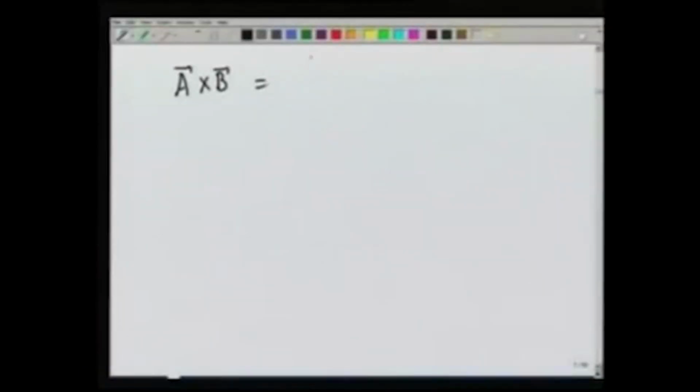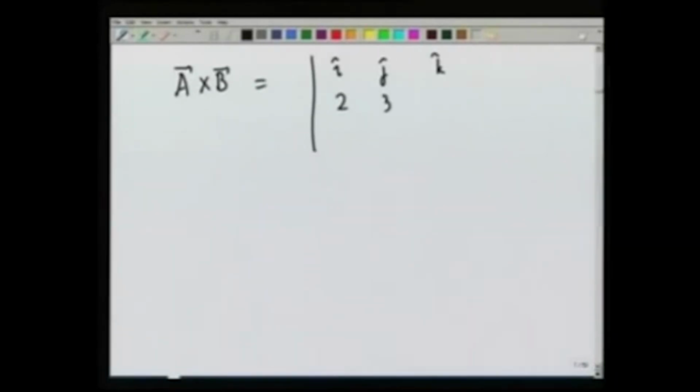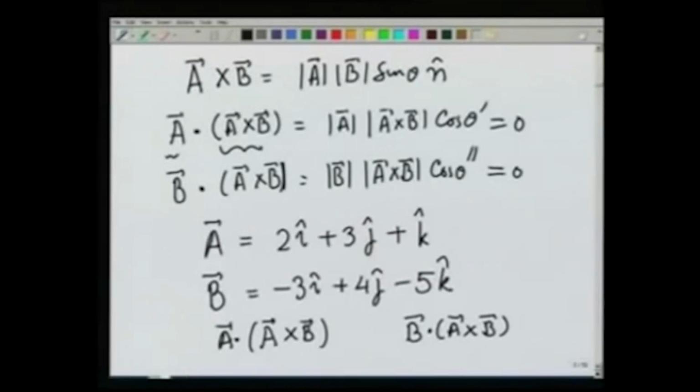So, A cross B is going to be equal to the determinant with i, j, k; let us see what the vectors were: 2, 3, 1 and minus 3, 4 and minus 5.